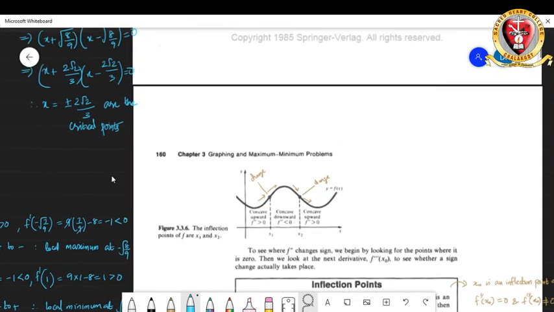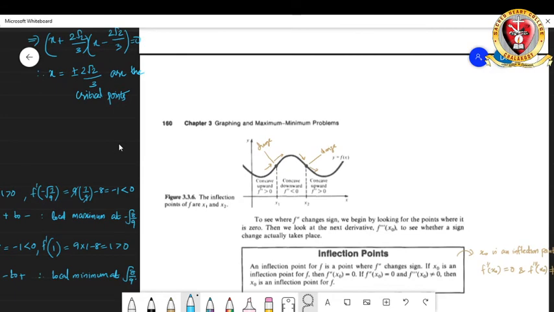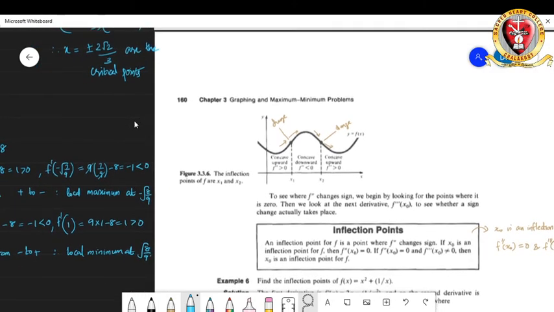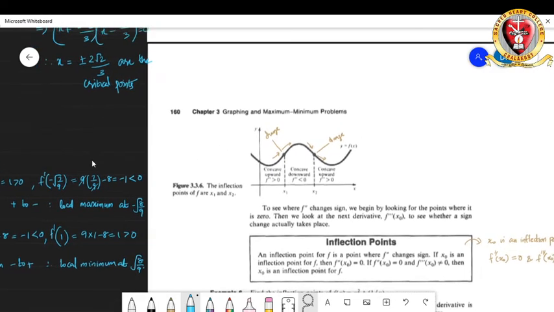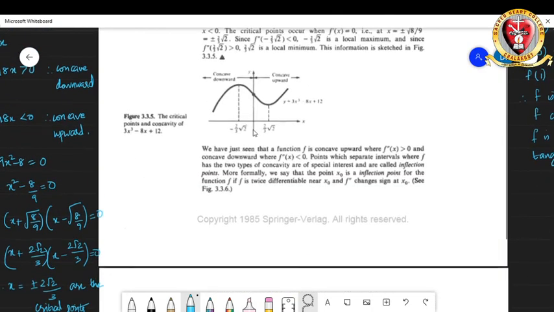So you got how the function is bending, how the concave upward and downward are coming at the points. So you'll just have a rough sketch like this. Here minus 2 root 2 by 3 is plotted here, 2 root 2 by 3 is plotted here. We said that at minus 2 root 2 by 3, the function is concave downward.